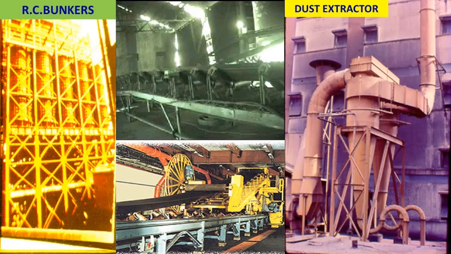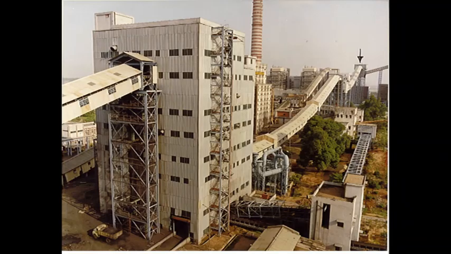So, in the coal handling plant, we have coal receiving arrangement, coal stacking arrangement, and coal reclaiming arrangement, and again we have coal transporting arrangement up to the raw coal bunker.